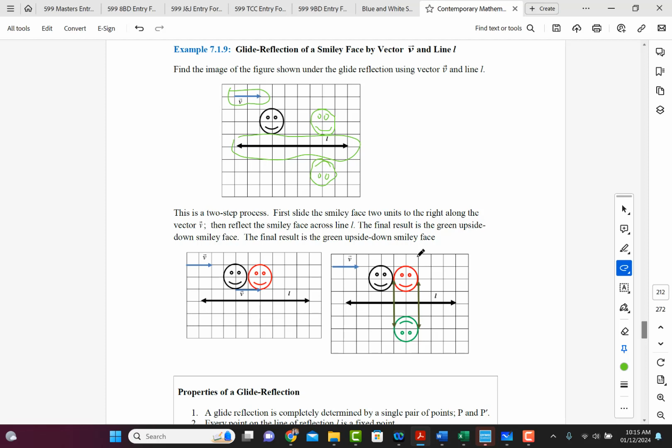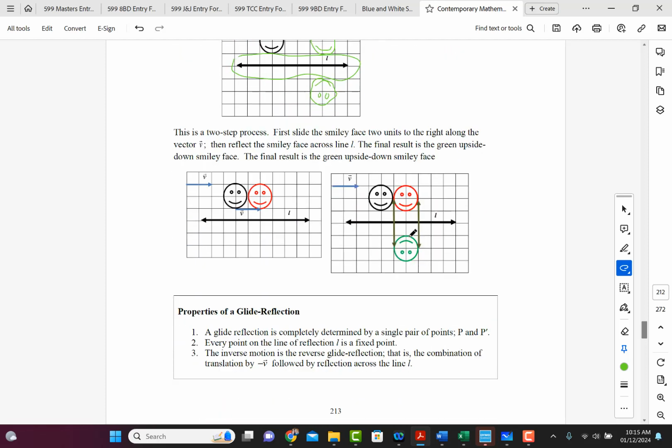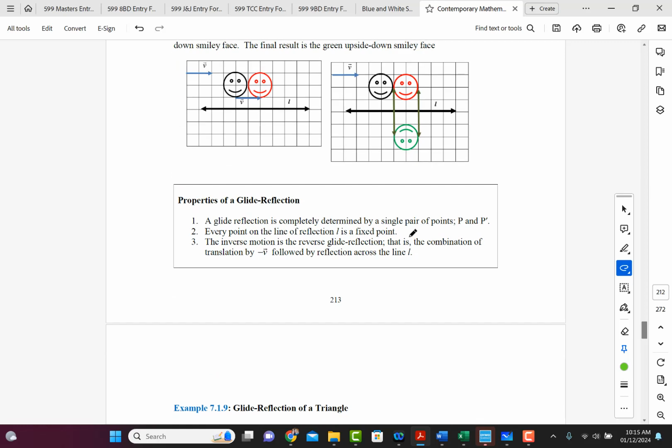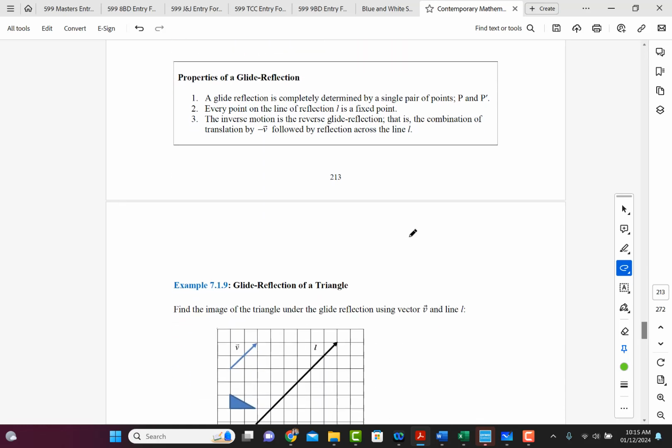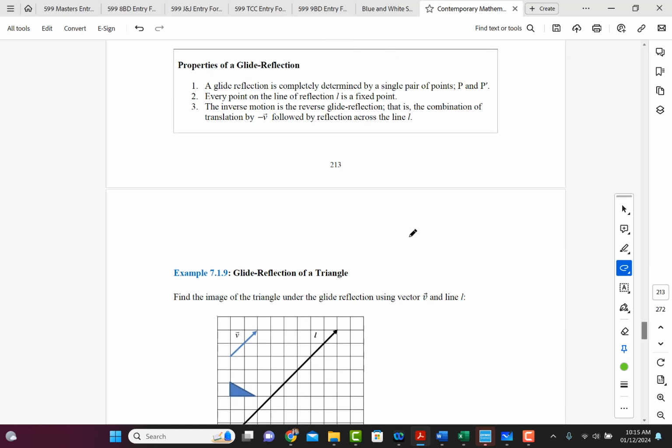Okay, so here are the properties of a glide reflection. 1, a glide reflection is completely determined by a single pair of points, P and P prime. 2, every point on the line of reflection L is a fixed point. 3, the inverse motion is the reverse glide reflection that was given.